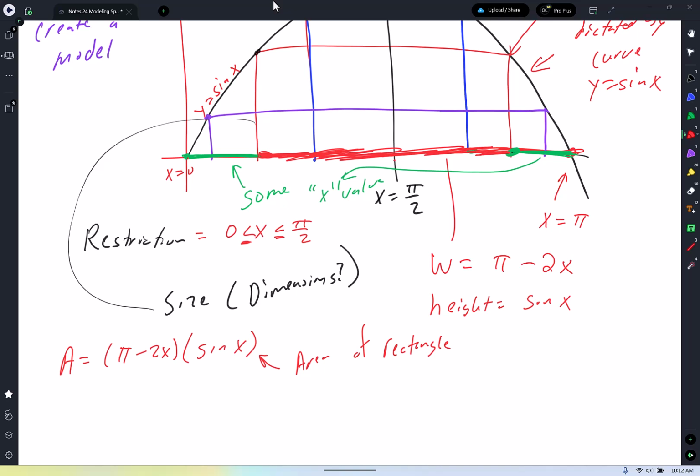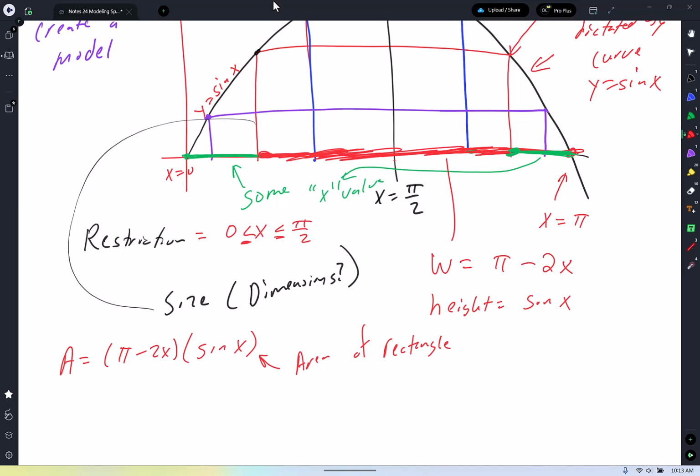If I make x equal to pi over 2, then I have no rectangle because I'm right up against that. If I make x equal 0, then I have no rectangle either. If x equals 0.00001, the width is super skinny and very, very small. If I'm 0.001 away from pi over 2, then I have a real slim rectangle, but super tall.